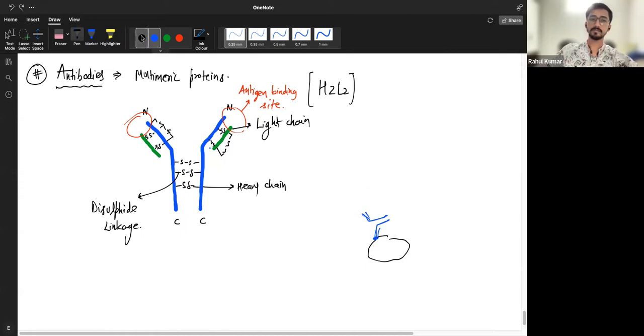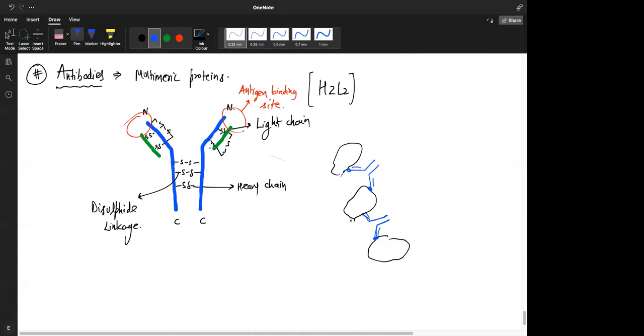Make sense? Yes, sir. Similarly, because this antibody has just bound to one pathogen, another antibody can bind here to another pathogen. Do you understand everyone what I'm trying to do here?